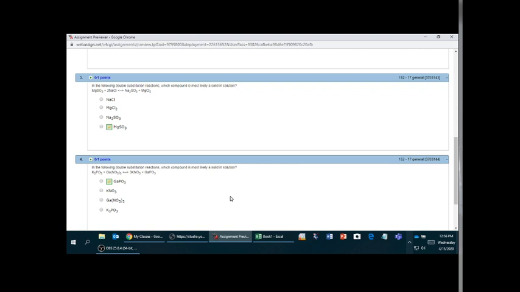So our first example, magnesium sulfite, MgSO3, plus sodium chloride goes to sodium sulfite plus magnesium chloride, MgCl2.